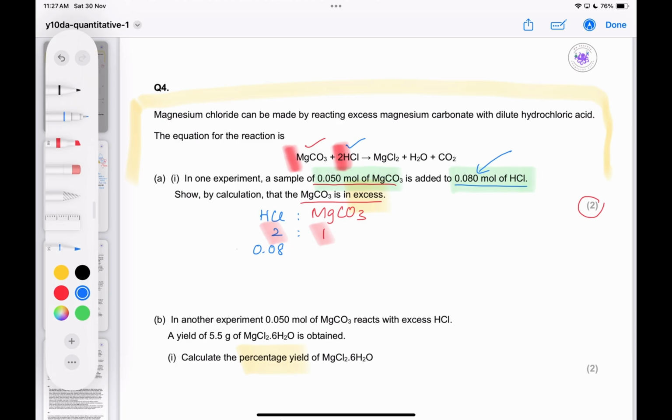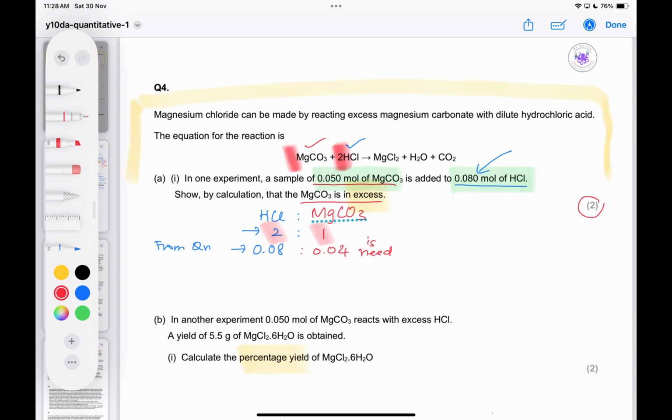What it means is, from the question, if you are given 0.08 mole of HCl, you need to find out how many mole of MgCO3 is actually required. Since the ratio is 2:1, I will only need half of 0.08. That means I only need 0.04 mole of MgCO3.